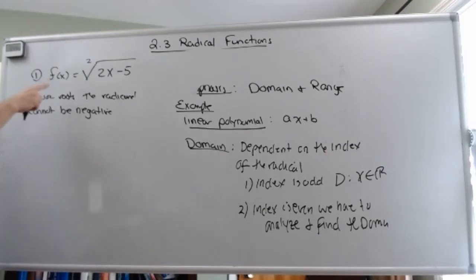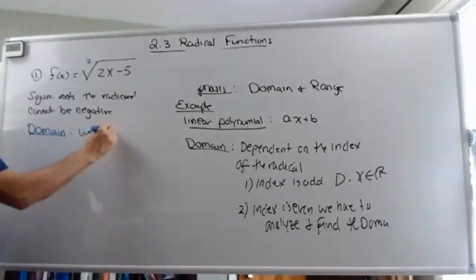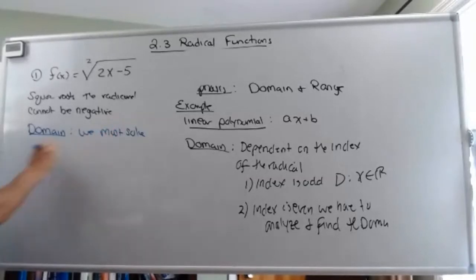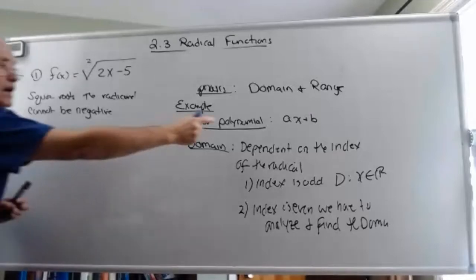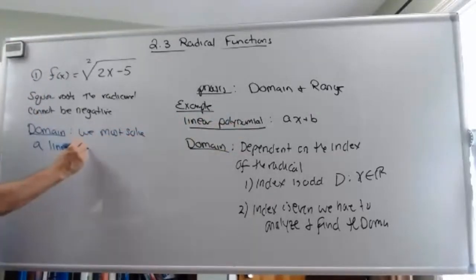So when we're looking for the domain here, we must require, and we're going to use a linear inequality. So for the domain, we must solve a linear inequality, provided it's a linear polynomial there.